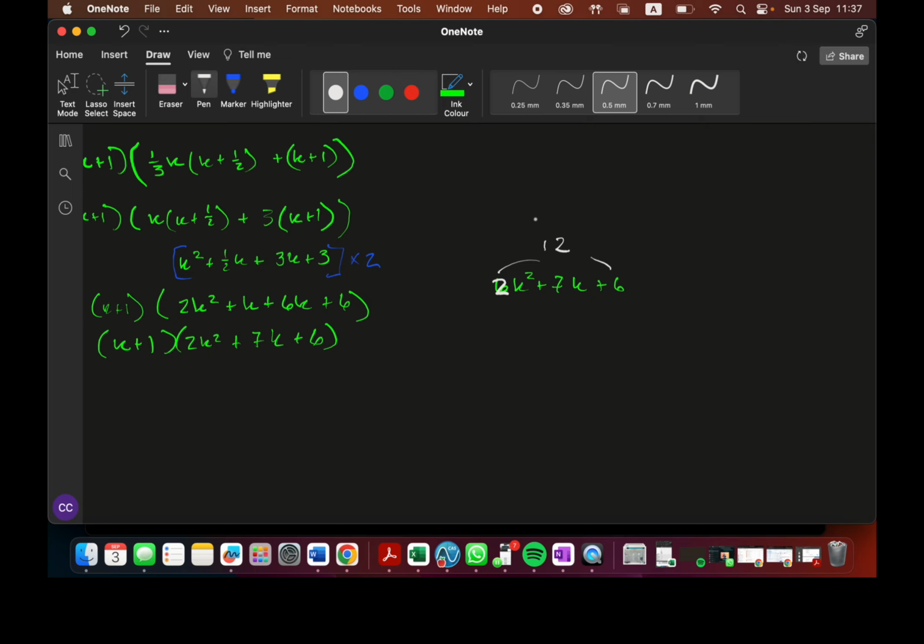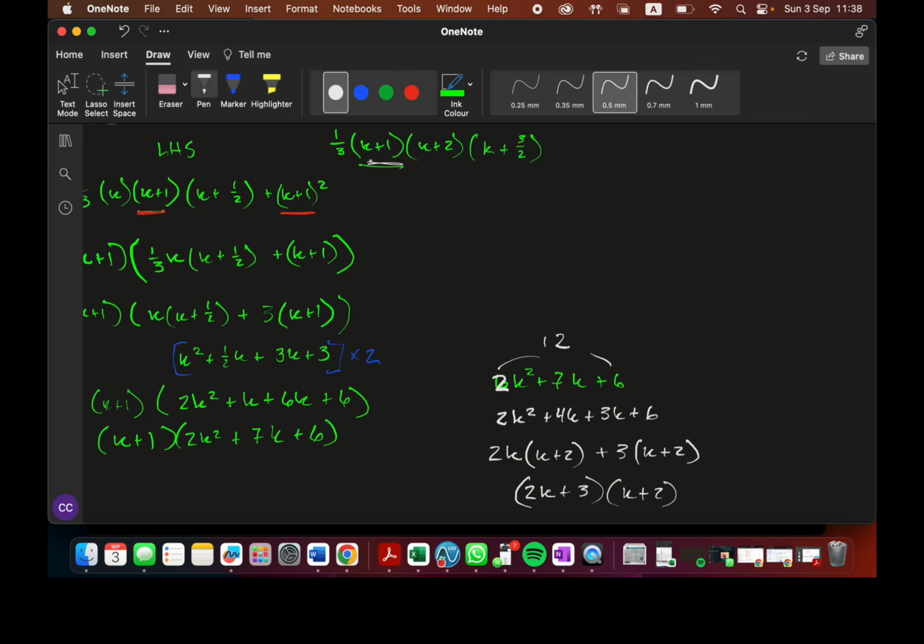That would give me 2k squared plus 4k plus 3k plus 6. When I factor that, I would end up with 2k times k plus 2, plus 3 times k plus 2. So that factors to 2k plus 3 times k plus 2.